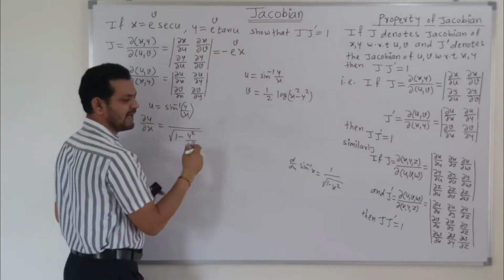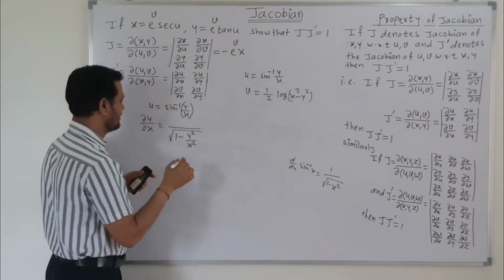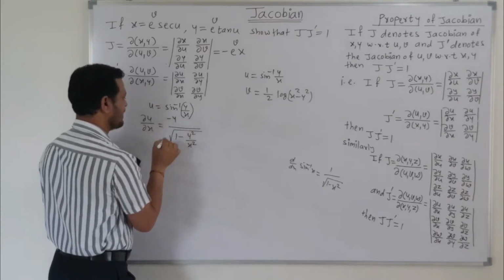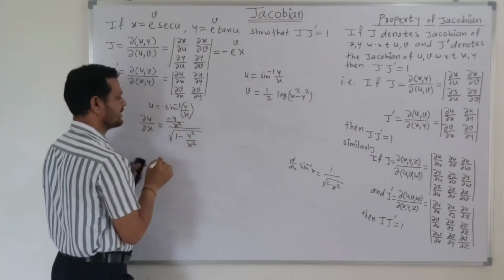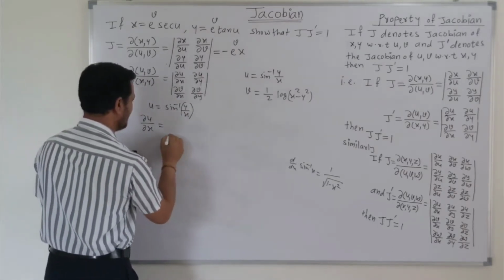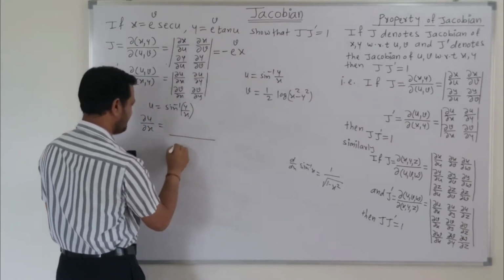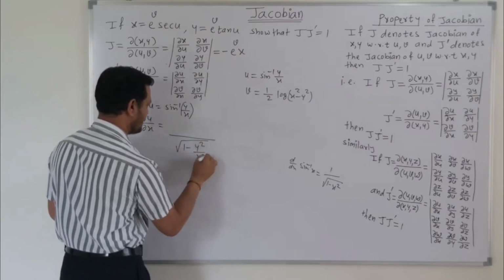So this y is constant, and the derivative of 1 upon x is minus 1 upon x square. So we write this as minus y as it is upon x square. For our simplicity, we will write in clear form. So this is root of 1 minus y square upon x square.